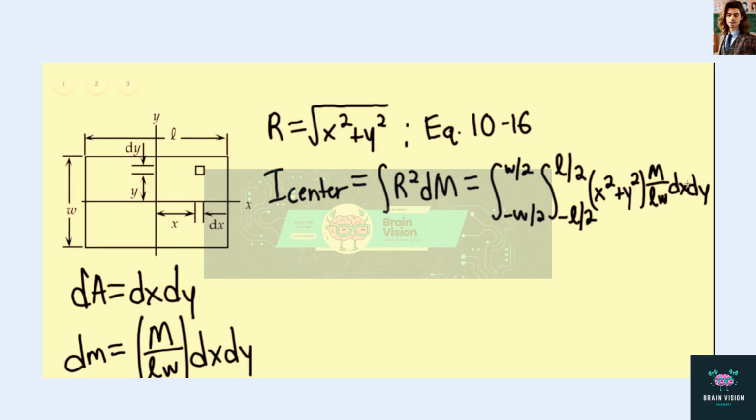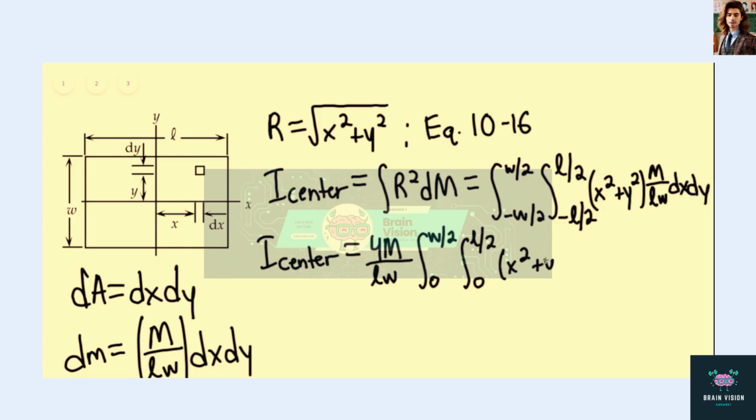And so we can then say that the moment of inertia through the center would be equaling 4m over the length times the width times the integral from 0 to the width over 2 times the integral from 0 to the length over 2 of x squared plus y squared times dx dy.